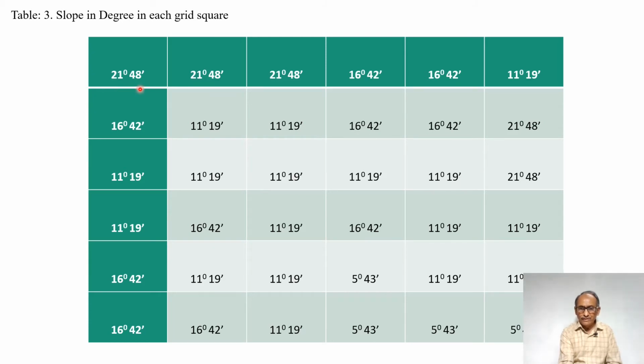As you are aware, 60 minutes is equal to 1 degree, so the midpoint of 60 is 30. If your minutes are more than 30, you should consider that equivalent to 1 degree. So here this is 21 degrees, and as this number is more than 30, you consider it a full degree.